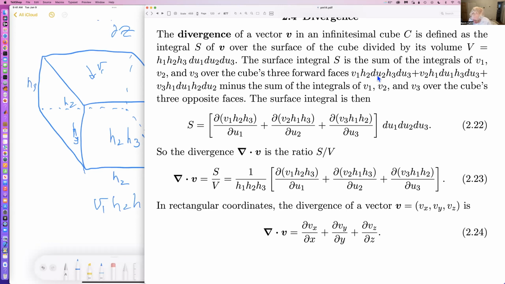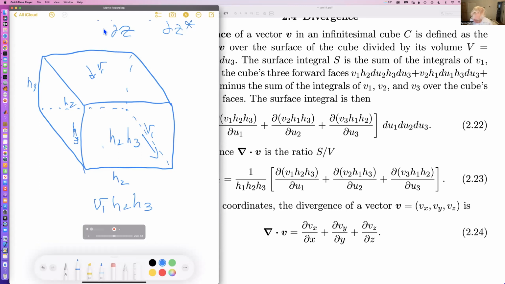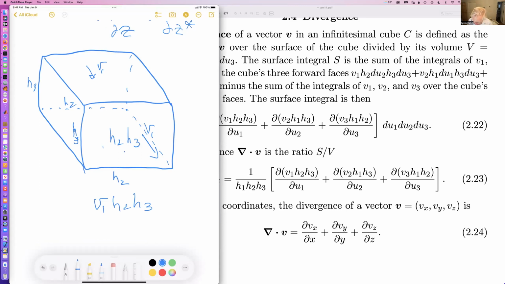But H2, H3, and V1 are different on this face from what they are on the back face. And so what you've got to do is take the derivative of this with respect to U1.